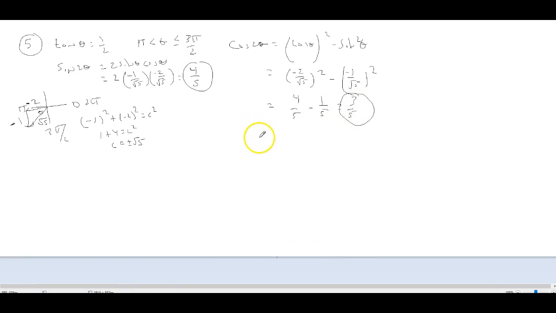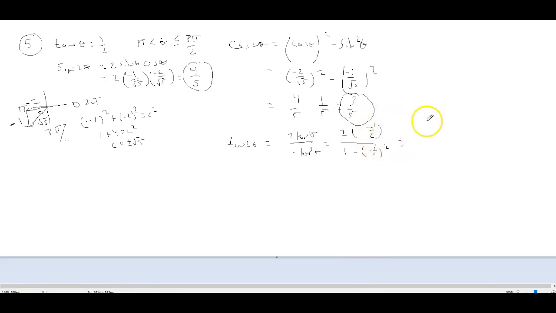Okay. And then tangent 2 theta. The identity for tangent 2 theta is 2 tan theta over 1 minus tan squared theta. So tangent theta is going to be opposite over adjacent, so that's -1 over 2, and then 1 minus -1 over 2 squared.